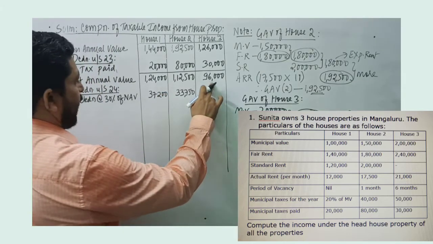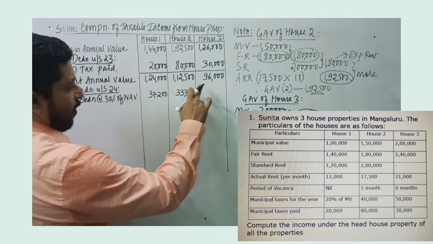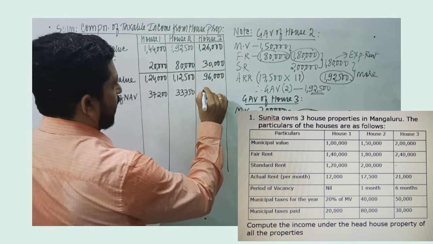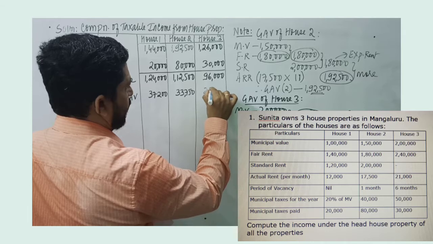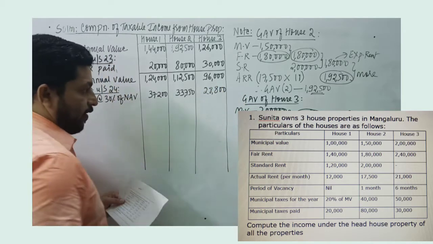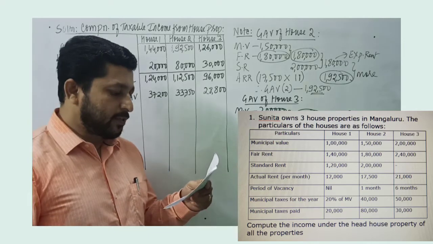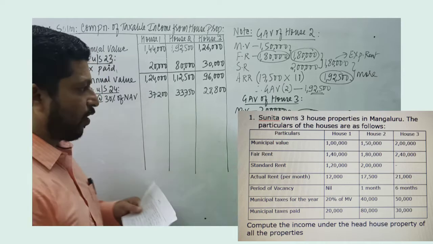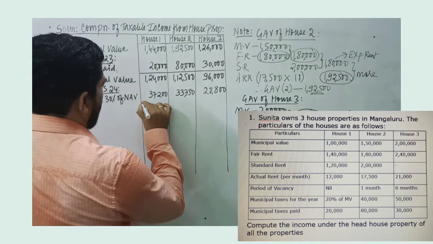House 3, 96,000 into 30%. So 9,600 into 3 would be 28,800. Now in this problem, there is no mention of housing loan interest at all. So only one deduction we have.